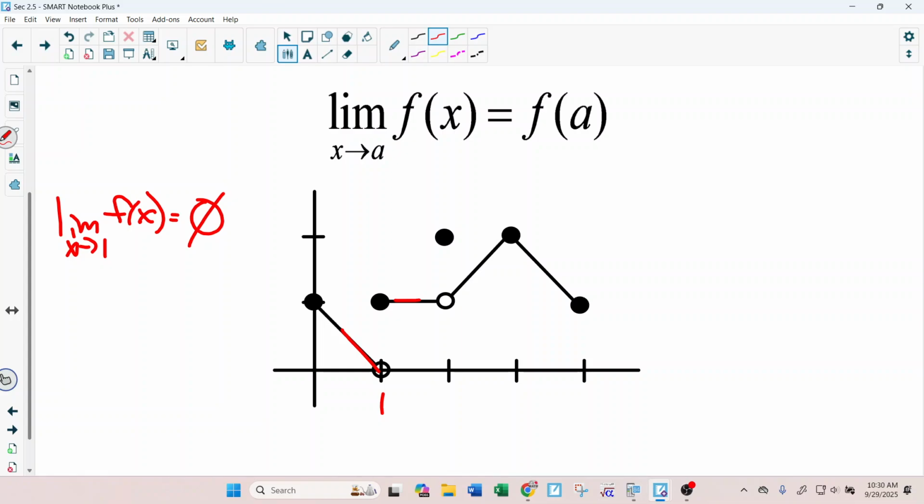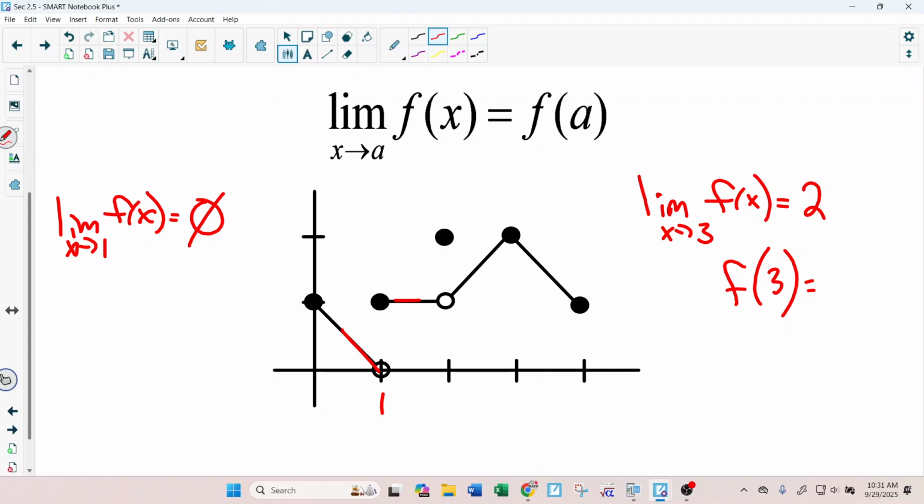Okay. Consider at 3. What is the limit at 3? Which is 2, right? And then what's the functional value at 3? 2. Limit equals the function value.